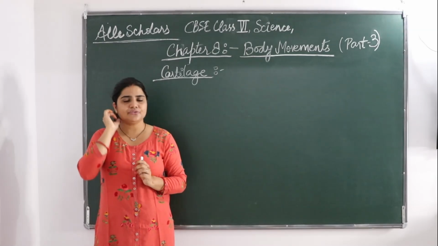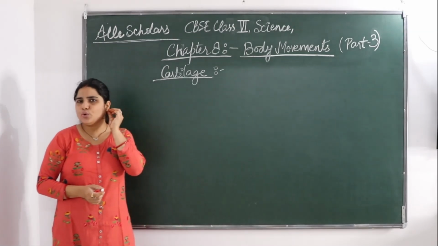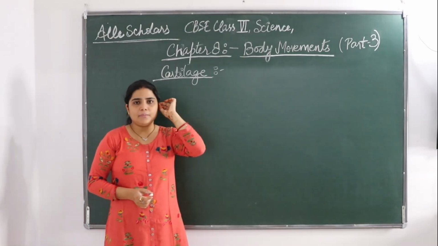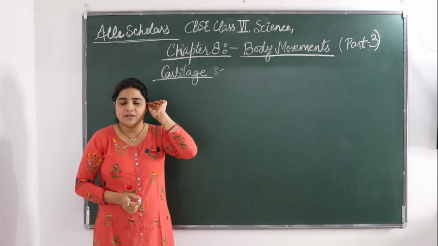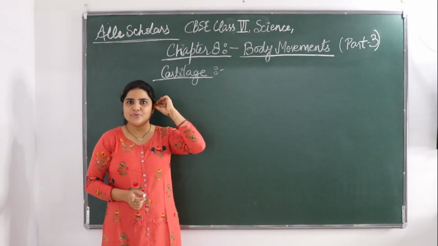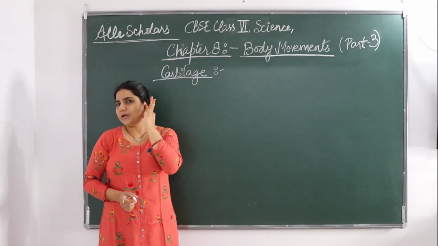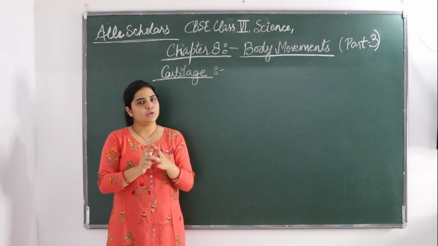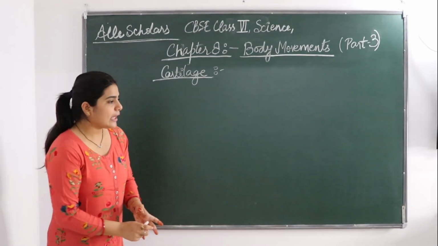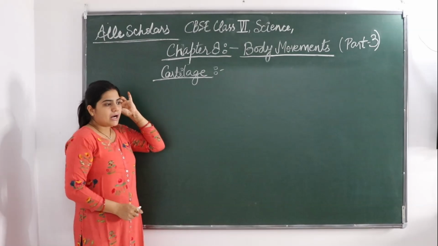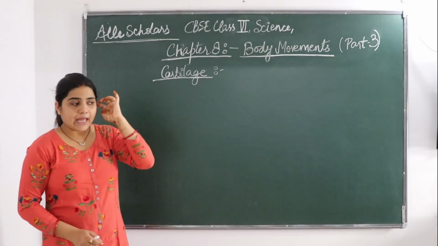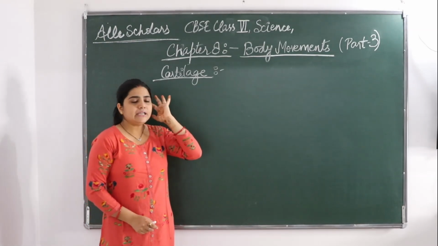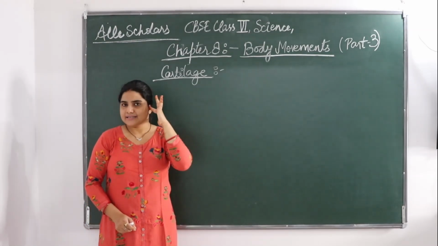Just touch them. You are going to see that the lobe is very soft, but the upper part is a bit harder. Although it's harder, it is not very hard like a bone. You can bend it easily, but can you bend your bone? No, you can't. So the upper part of the ear is not as soft as the earlobe, but it is not as hard as the bone.